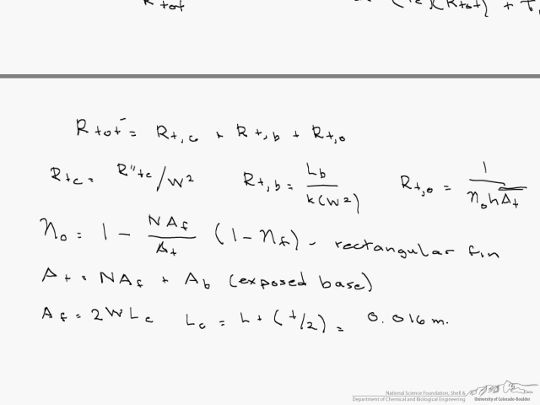which is 0.016 meters. Next, let's calculate that area of a fin, which is 9.45 times 10 to the minus 4th meters squared. The area of the exposed base can be calculated as W squared minus the number of fins times their thickness times W. And when we calculate the area of the exposed base, it's 6.3 times 10 to the minus fourth.